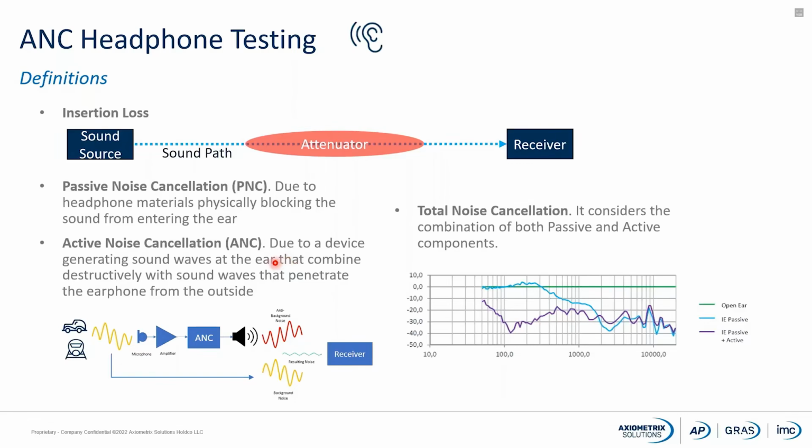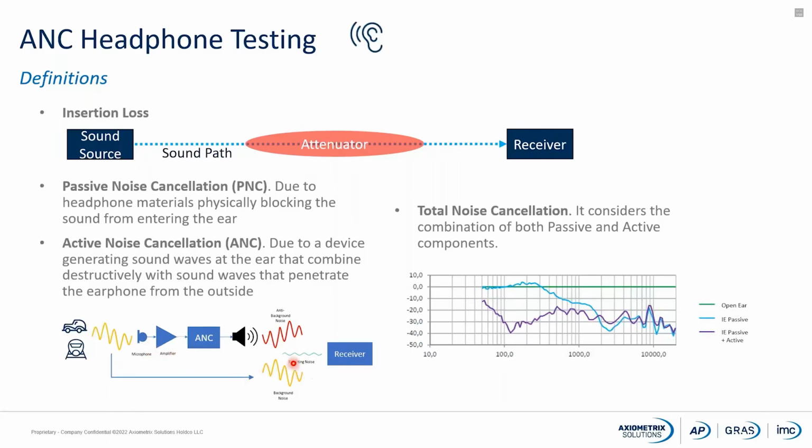On the other hand, we have active noise cancellation, also called ANC, that is happening due to a device that is generating sound waves at the receiver position, let's say the ear canal, and these sound waves are combining destructively with the sound waves that are penetrating the headphone from the outside.